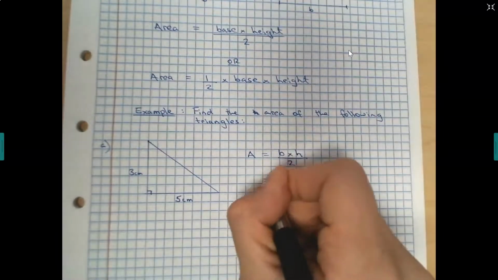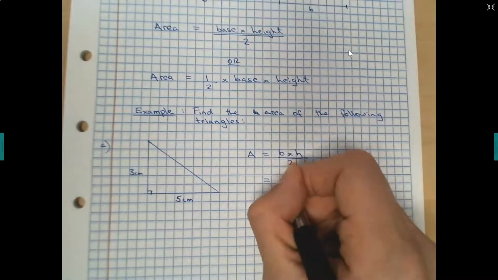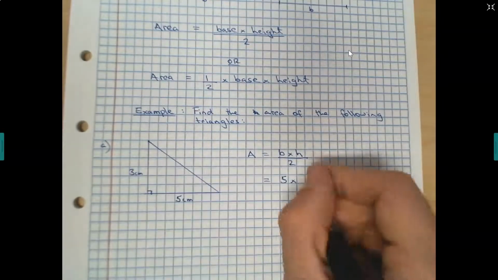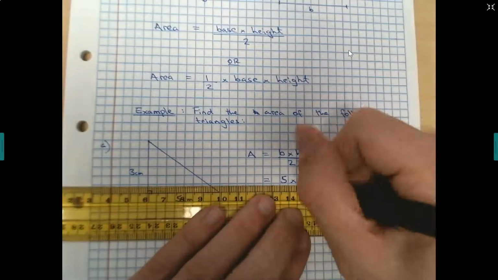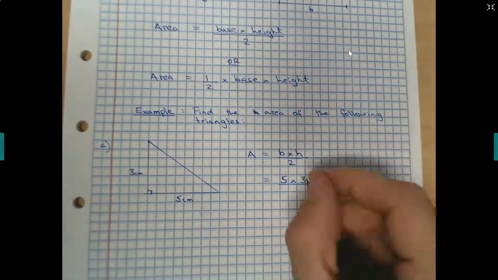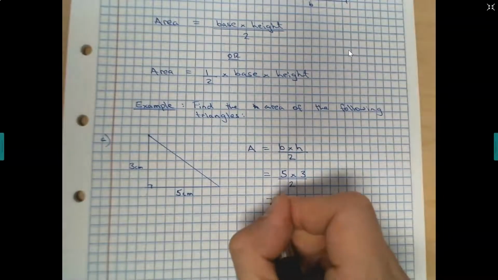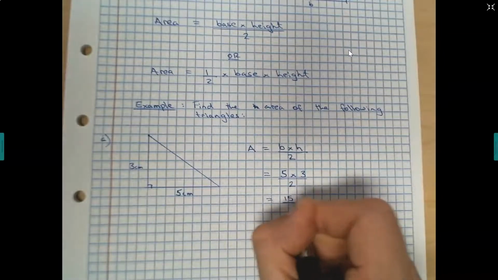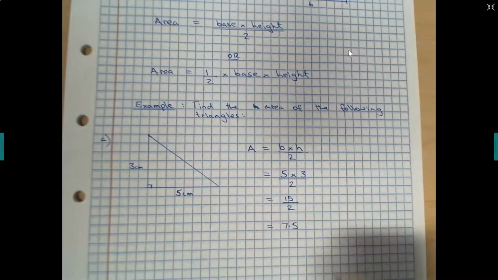Start a new line of working. Our base here is 5 times our height, which is 3, divided by 2, which is going to be 15 divided by 2, which is 7.5.